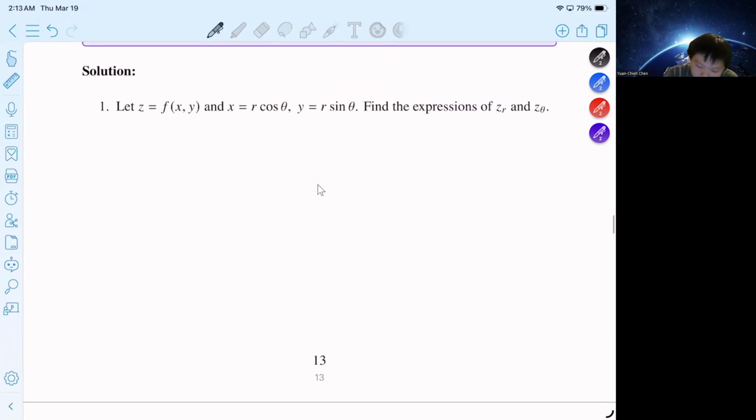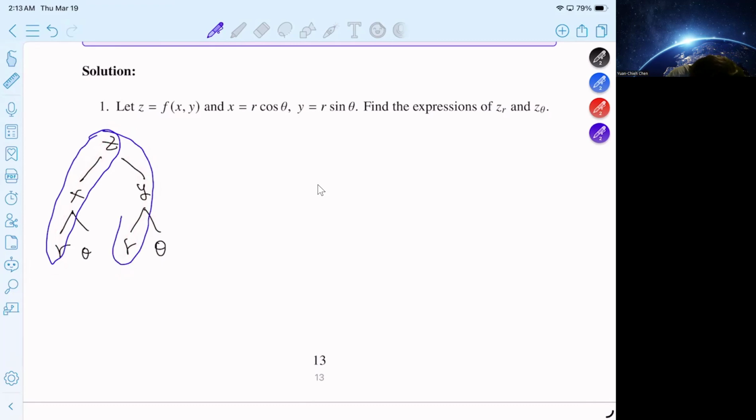So now we can see that z depends on x and y, and x and y depend on r and theta. If I want to find the partial derivative of z with respect to r, we have to go through this path and this path.